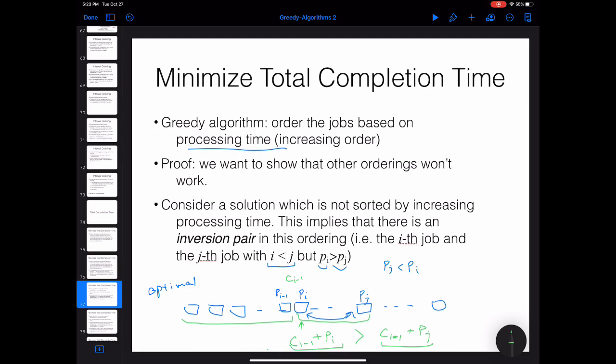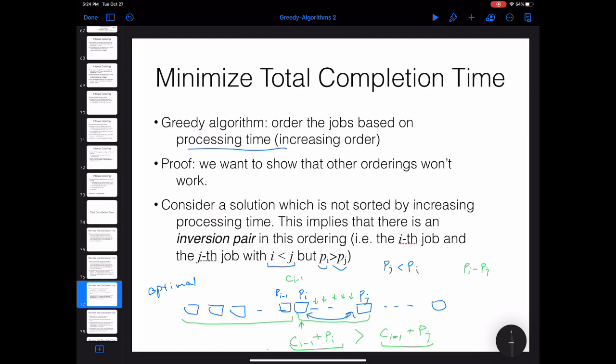How much less? Exactly PI minus PJ. This difference affects all the jobs between PI and PJ, since it will be decreased from all of them. So by swapping PI and PJ, I'm going to get a better answer.